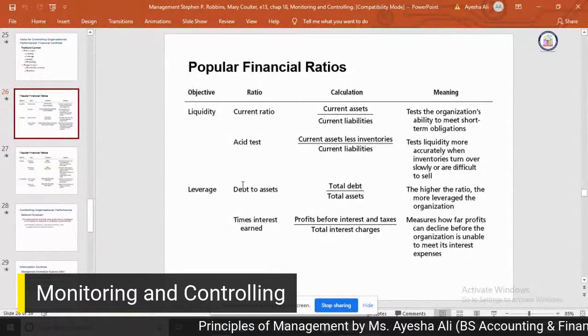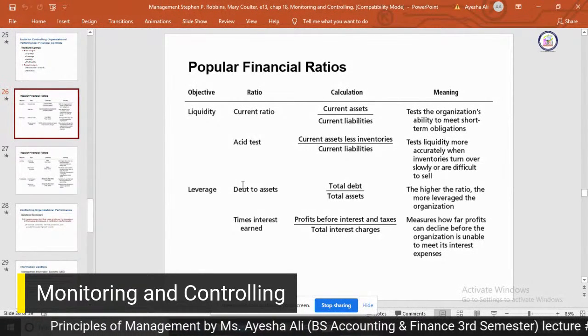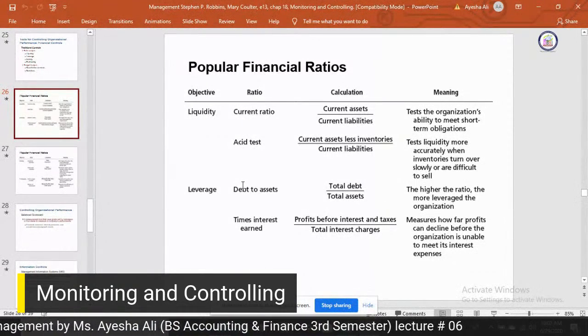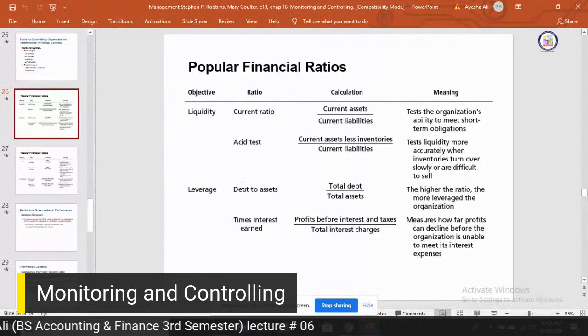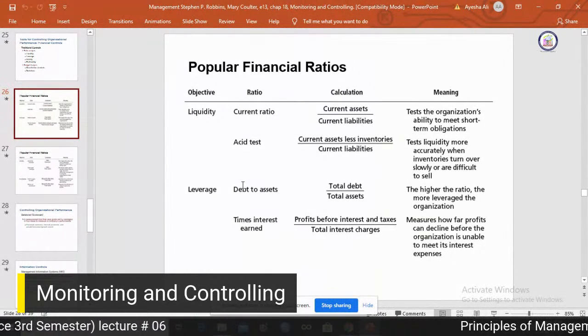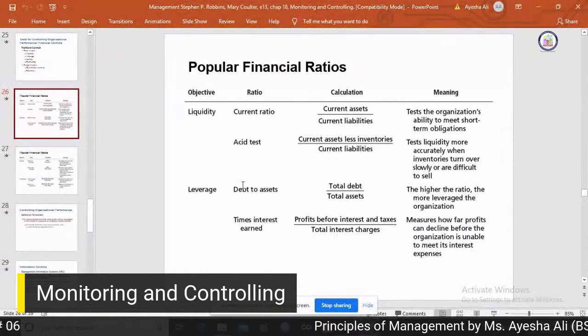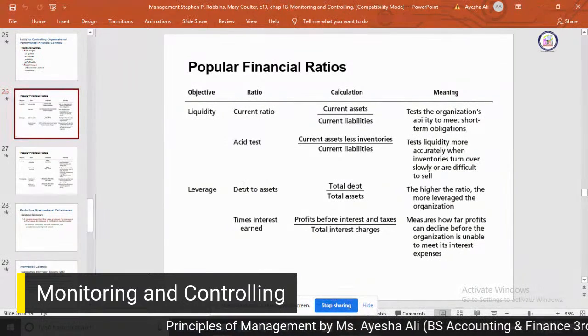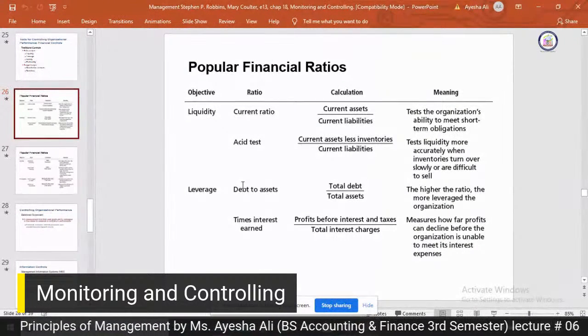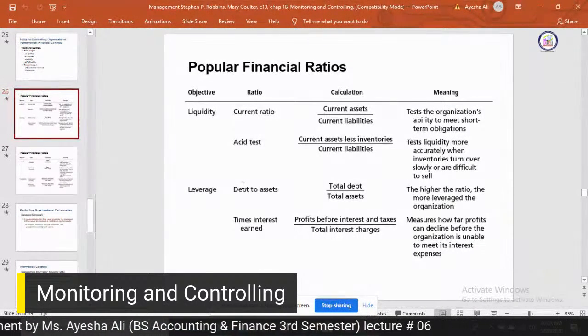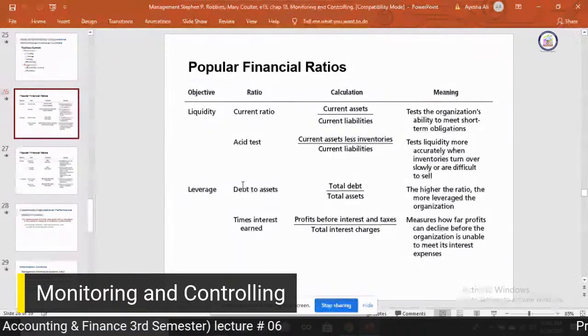The formula of the liquidity ratio is current assets divided by current liabilities, in which we analyze whether the organization is able to meet its short-term obligations, short-term liabilities, and short-term debts.